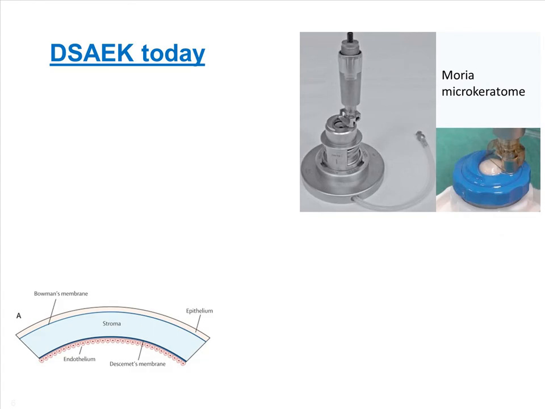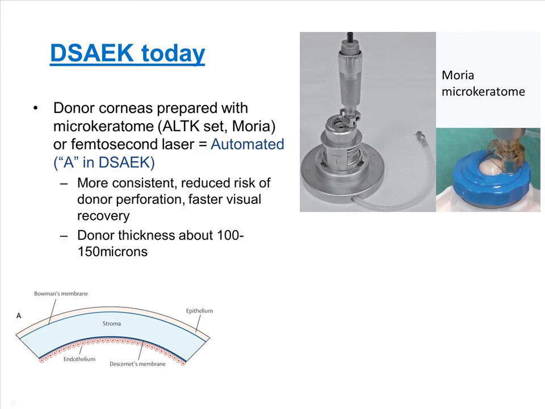Initially, Descemet's stripping endothelial keratoplasty was performed manually. Since then, donor corneas can also be prepared with a microkeratome or femtosecond laser, and hence it is termed automated endothelial keratoplasty. This also enables them to be prepared by the eye bank rather than the surgeon preoperatively, aiming for a lenticule thickness of about 100 to 150 microns.